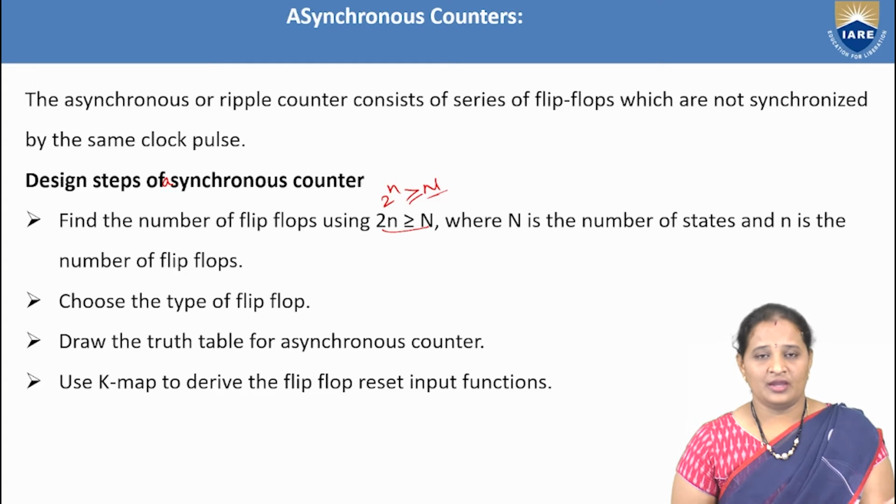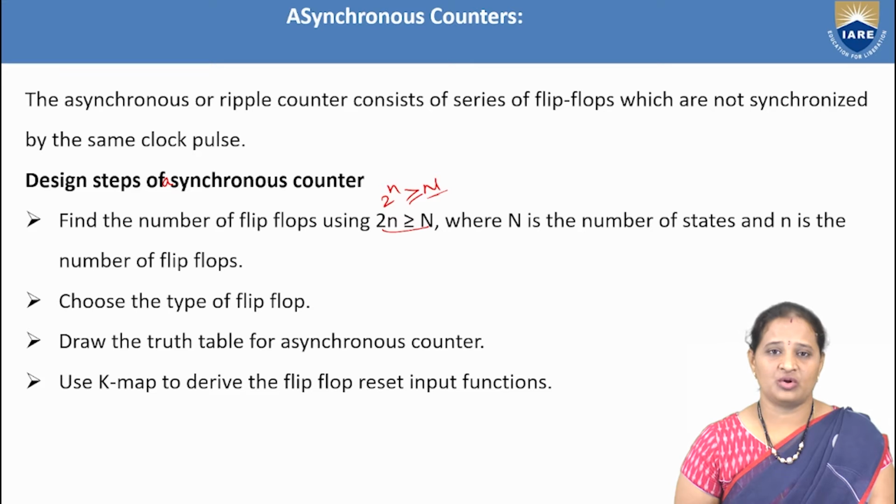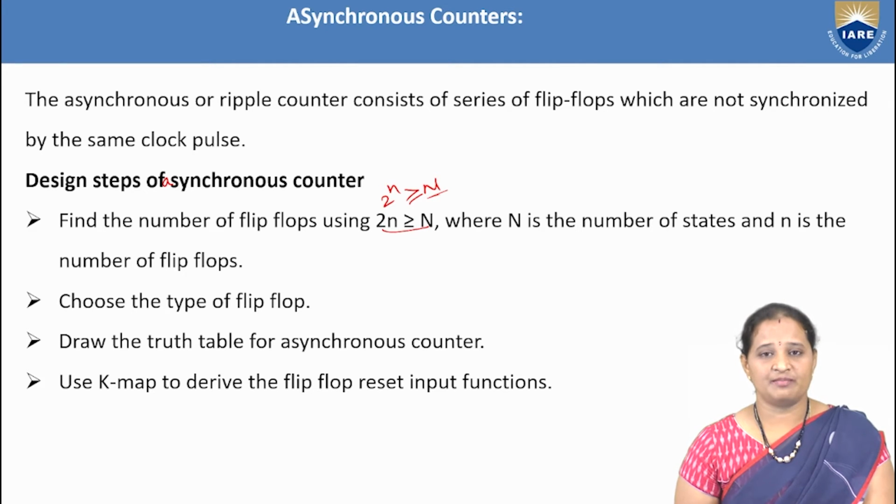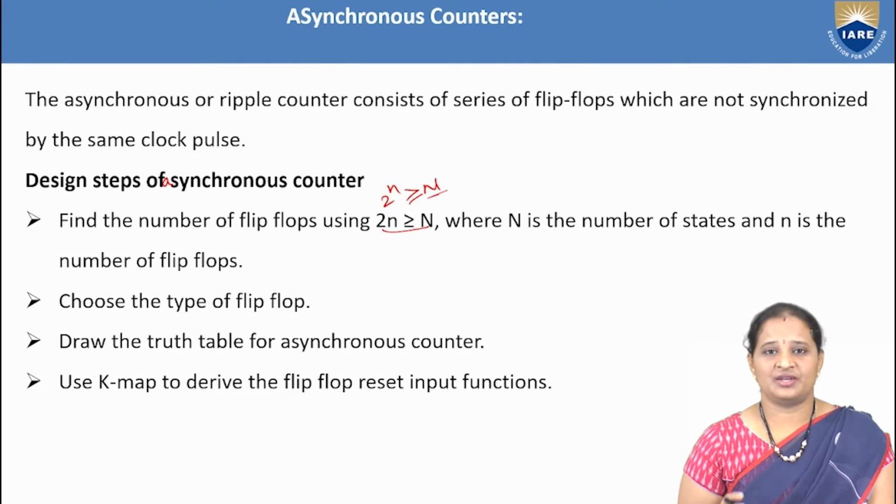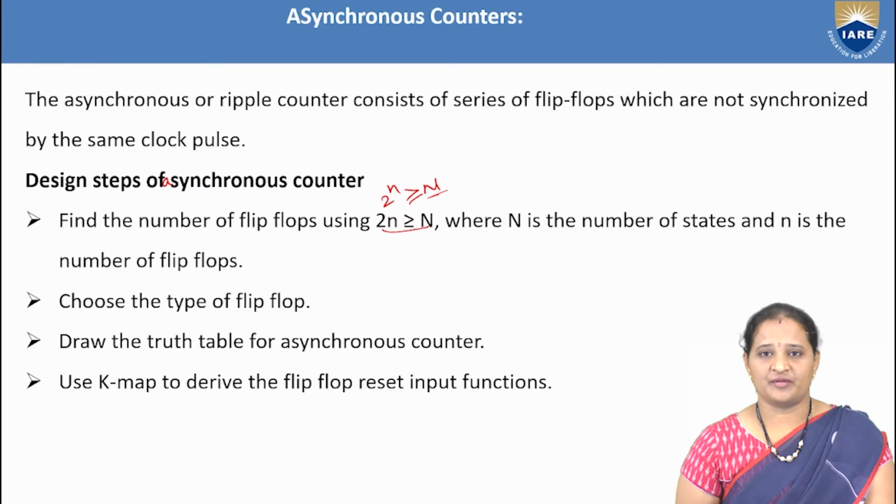So in case of this asynchronous counter design, after the truth table has been drawn, we need to derive the simplified expression for the reset input of all the flip-flops. What is the reset input that is to be given to all the flip-flops, that we have to derive.